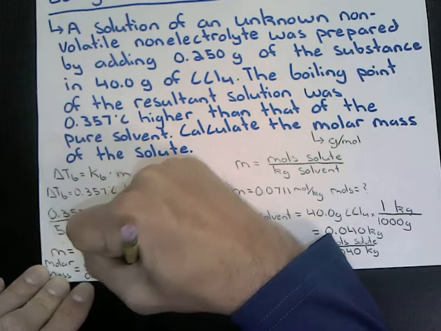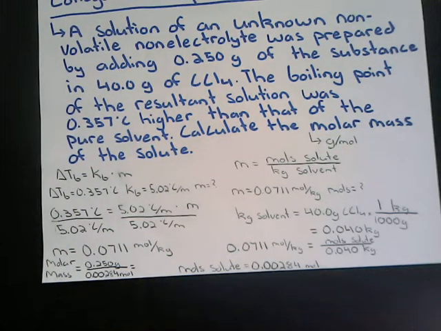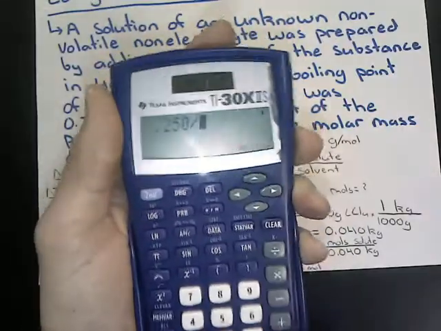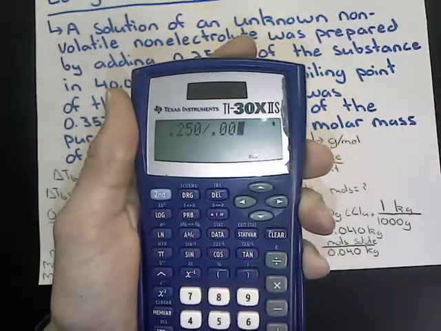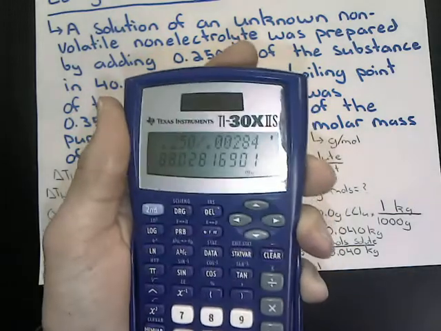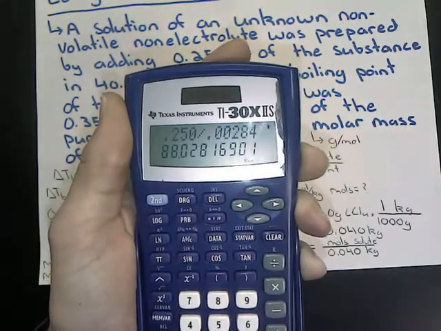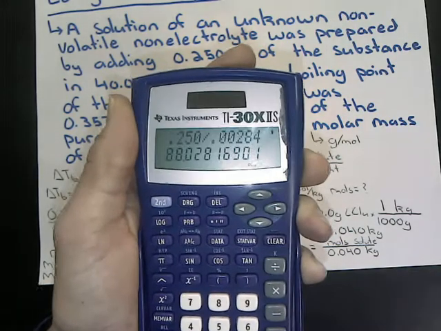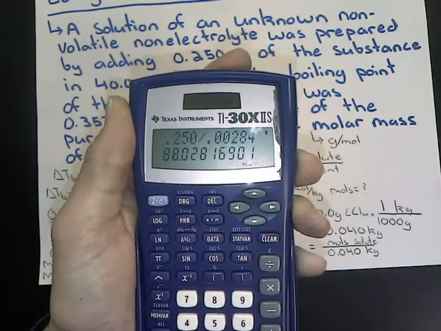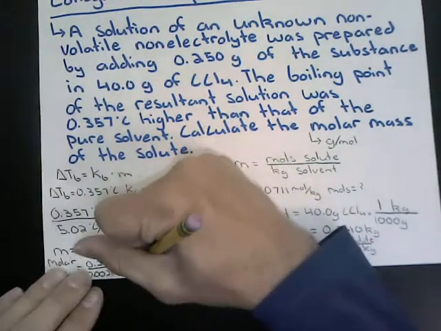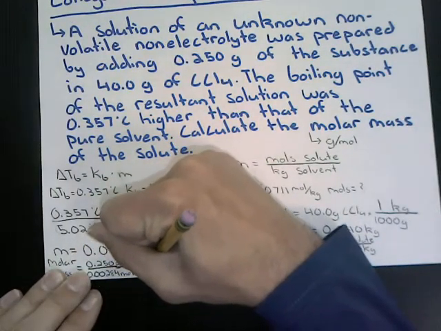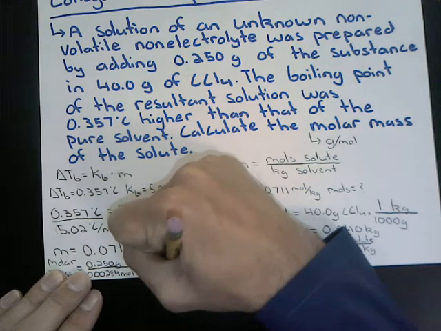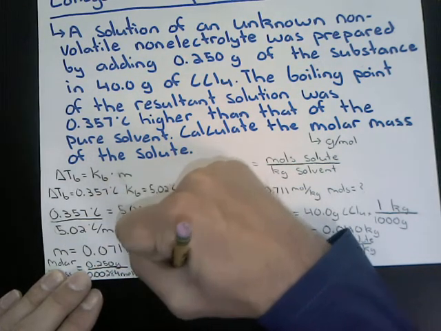So when we plug this into our calculator, it's 0.250 divided by 0.00284. We press enter, rounding to 3 significant digits. Our molar mass of our unknown solute becomes 88.0 grams per mole. 88.0 grams per mole ultimately becomes our final answer.